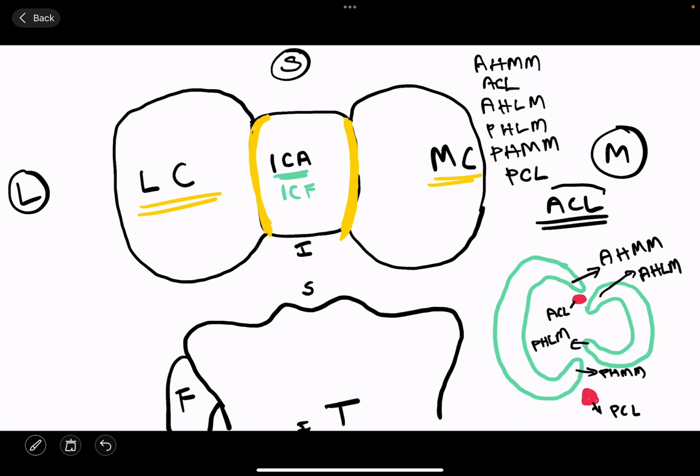Now, when we are talking about the attachment of the anterior cruciate ligament, inferiorly it is attached to the intercondylar eminence of the tibia in between the anterior horns of the medial meniscus and the lateral meniscus. That's the attachment.